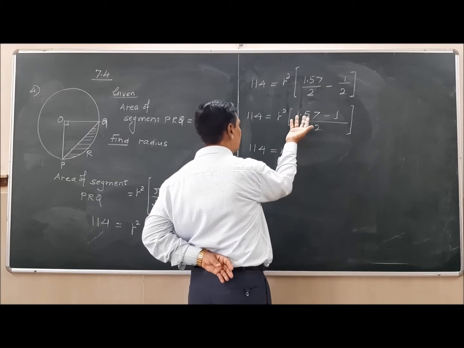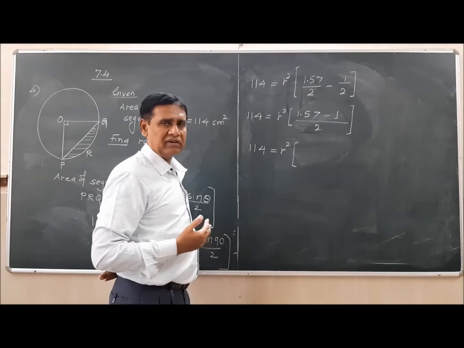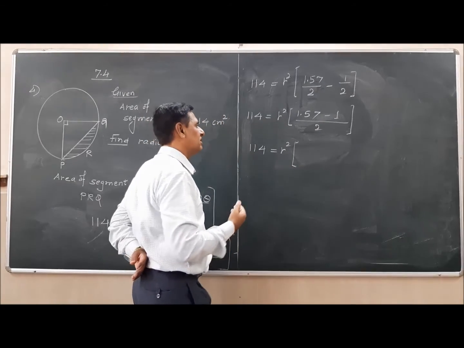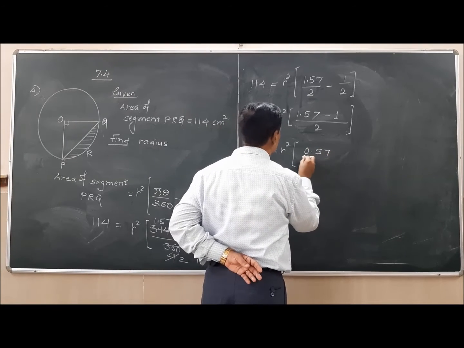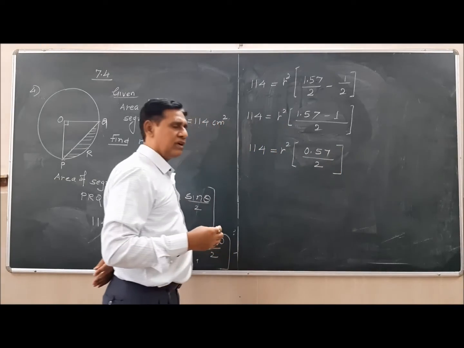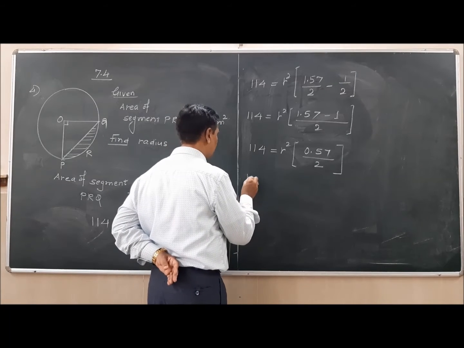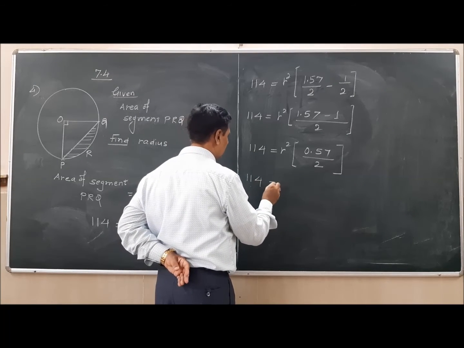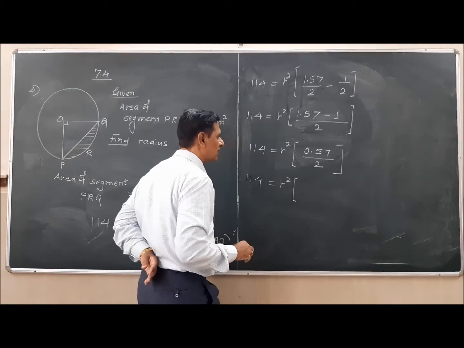In the difference 1.57 minus 1, the integral part gets cancelled and we are left with 0.57 upon 2. Now we have come very close to the answer. Next step, 114 is equal to r square. Please try to understand.